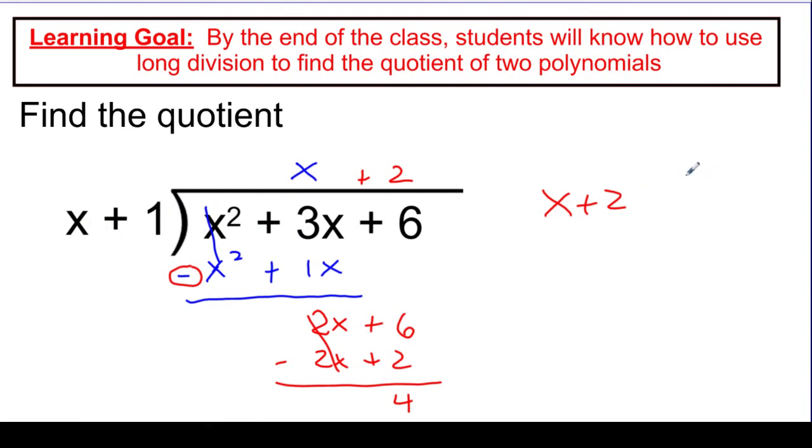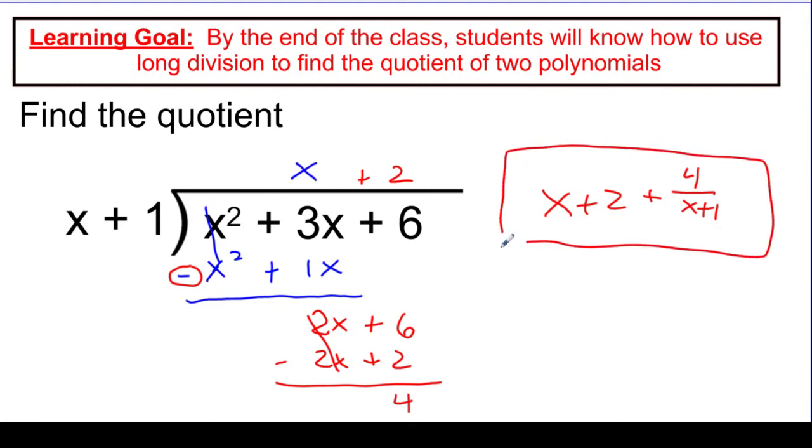So I'm going to say right next to this, 4 over x plus 1 is the remainder. What we're going to do to attach that to the rest of this polynomial is just add it right on the end. We're basically saying there was a full x plus 2, and I had a remainder of 4 over x plus 1. This is the answer to our problem. We're going to stop right there and leave it just like that.